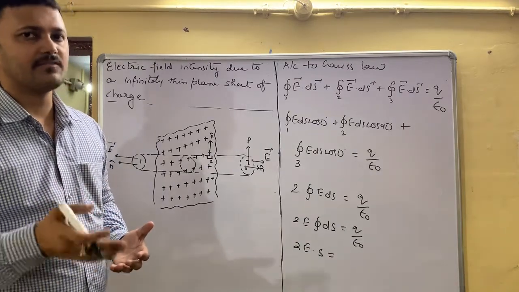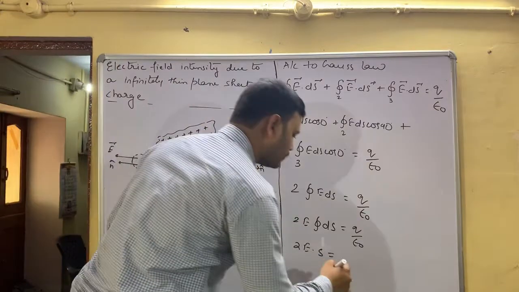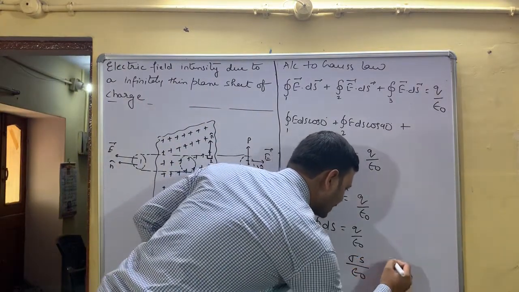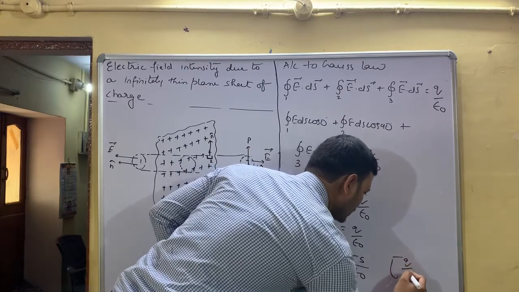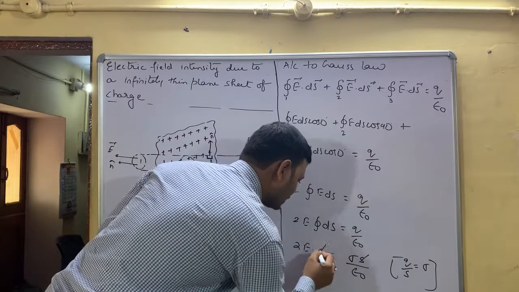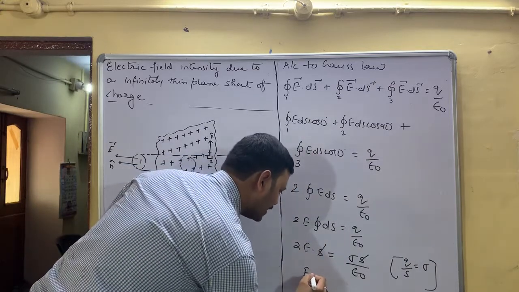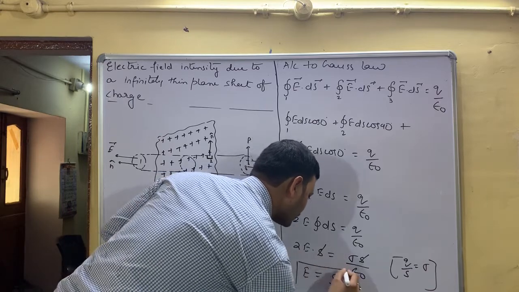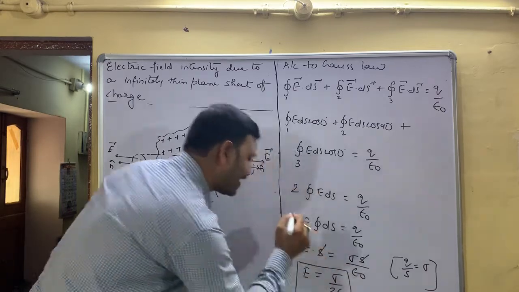Sigma is the surface charge density. Therefore, we can write sigma into surface area equals epsilon naught. In bracket, we can write Q upon surface area is equal to sigma. This S will get cancelled out, and E will be equal to sigma upon 2 epsilon naught. This is the outcome we are having.